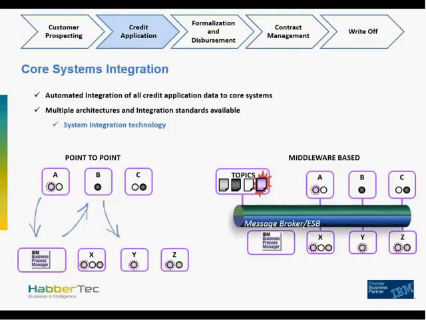The other piece that is quite useful and seems to be very simple is we can handle all the integration we do with the core systems. So most banks have systems that are oriented to products in general, or a set of products, and we need to send all this information that was kept on the credit application.